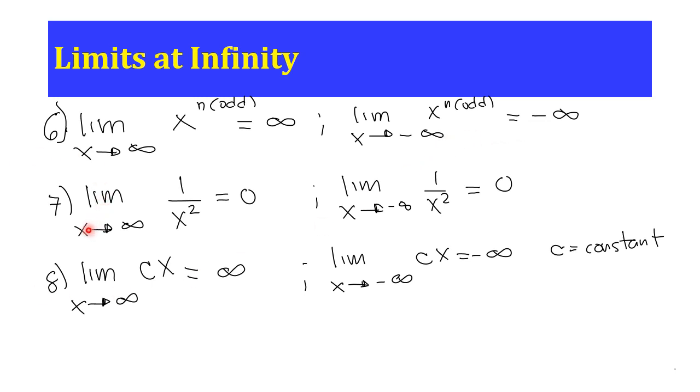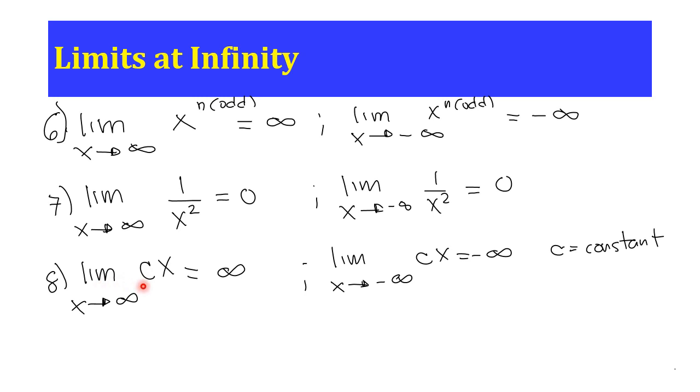Number 7. The limit of 1 over x squared as x approaches infinity is equal to 0. And the limit of 1 over x squared as x approaches negative infinity is equal to 0. Number 8.